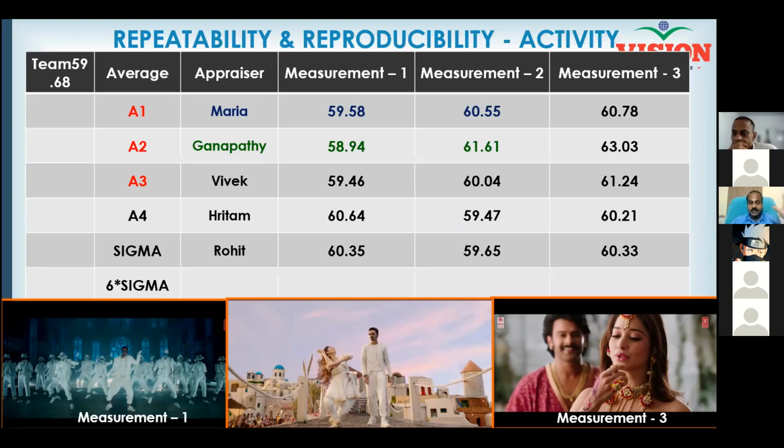Now we have understood how to calculate reproducibility error, but you don't have to struggle a lot with the calculation, because there is software like Minitab. Maybe today or after lunch, I'll take you through Minitab, and you will understand how all these calculations are made easier.